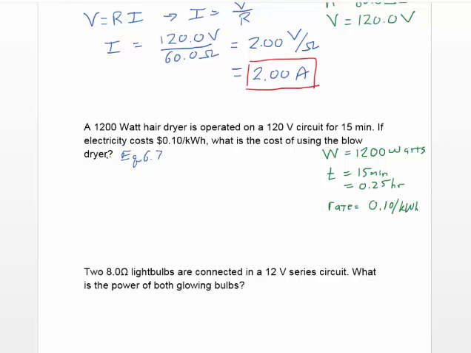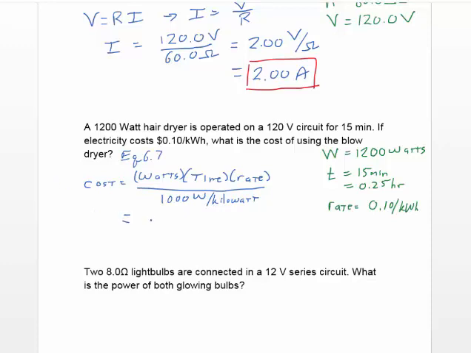And it says that the cost is equal to the number of watts multiplied by the time multiplied by the rate and divided by 1,000 watts per kilowatt to convert the wattage into kilowatts. So we know everything here.